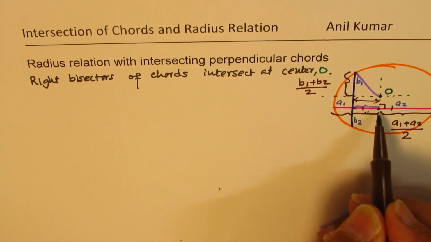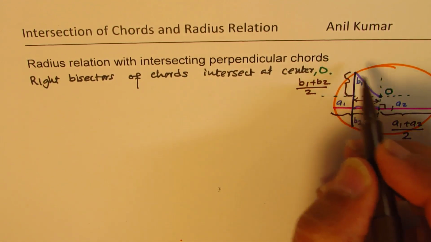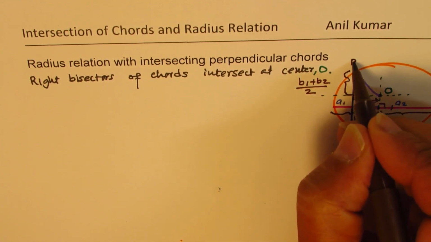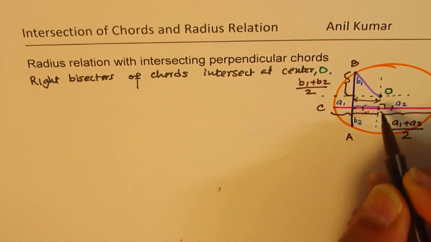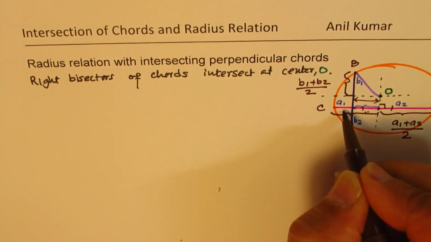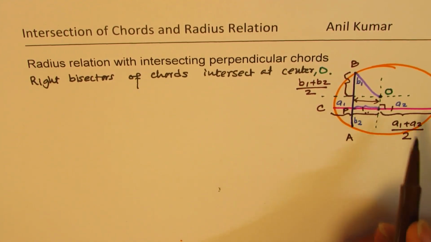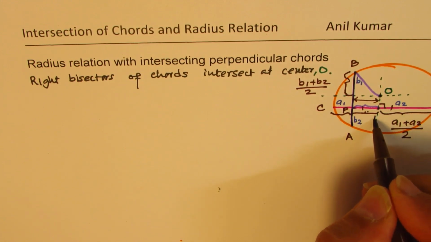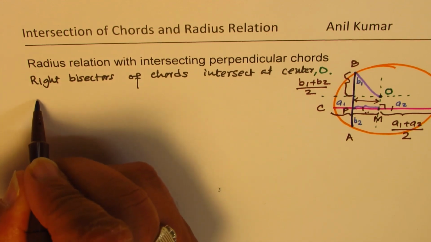So the length we are interested in, let me label this as we had in the original question: this is A, this is B, C. Let's call this point P, and let me call the midpoint M. So what is PM equal to?